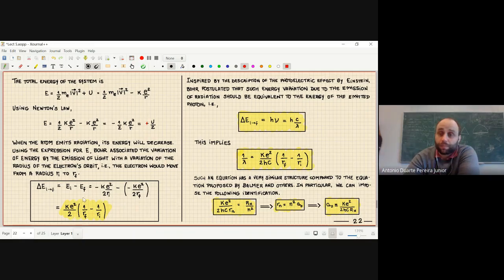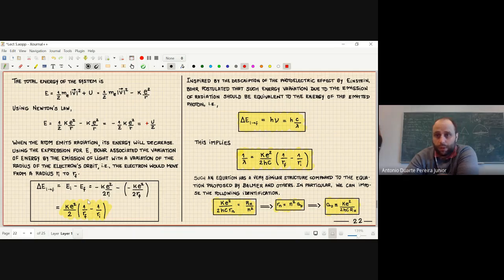So what Bohr is saying is that, well, this is true irrespective of jumping from one trajectory to the other. If your electron is in one trajectory with radius Ri initially, and it goes to a trajectory with radius Rf at the final state, then the variation of the total energy of the system will be this one.